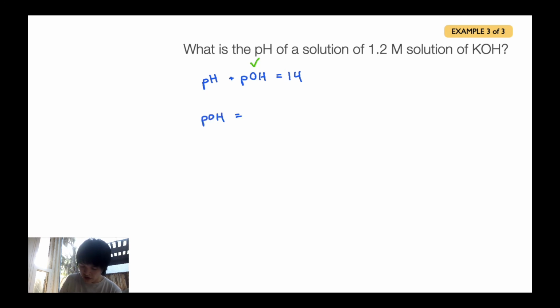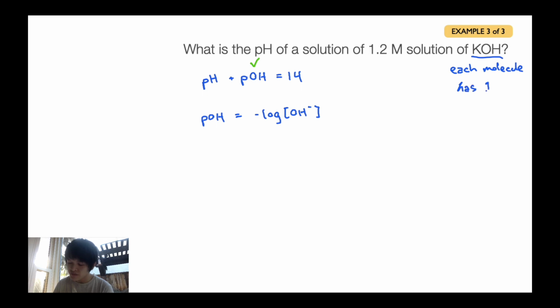Well, yeah, it's equal to the negative log of the concentration of hydroxide. Can we get the concentration of hydroxide? Yes, this is a base. And for potassium hydroxide, each molecule only has one hydroxide ion, right? So that means this concentration is the concentration of hydroxide ions.